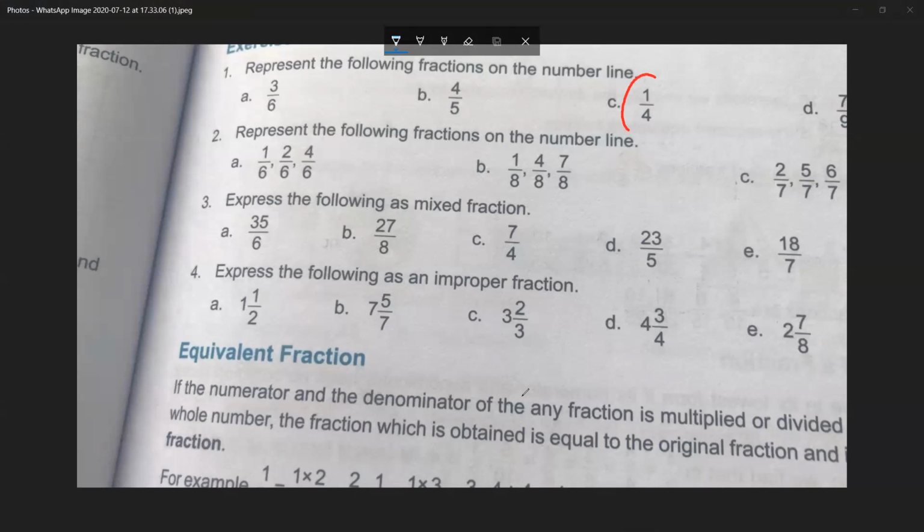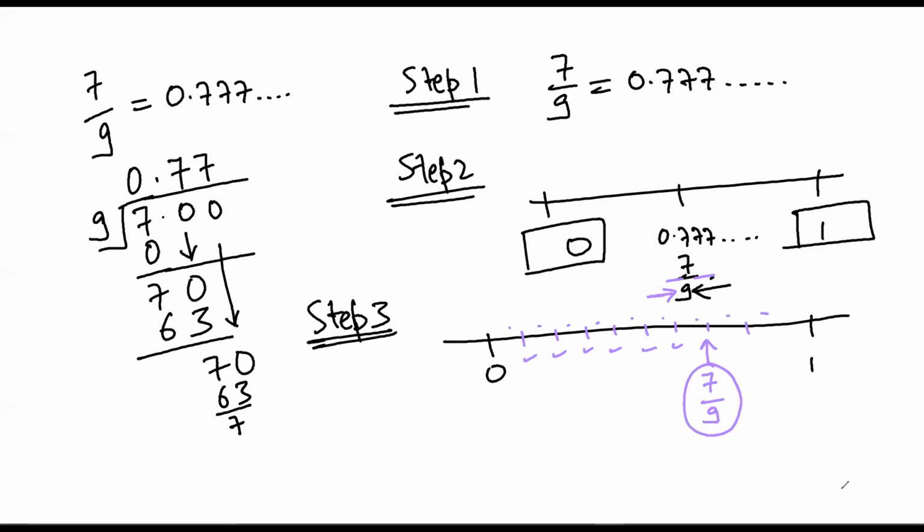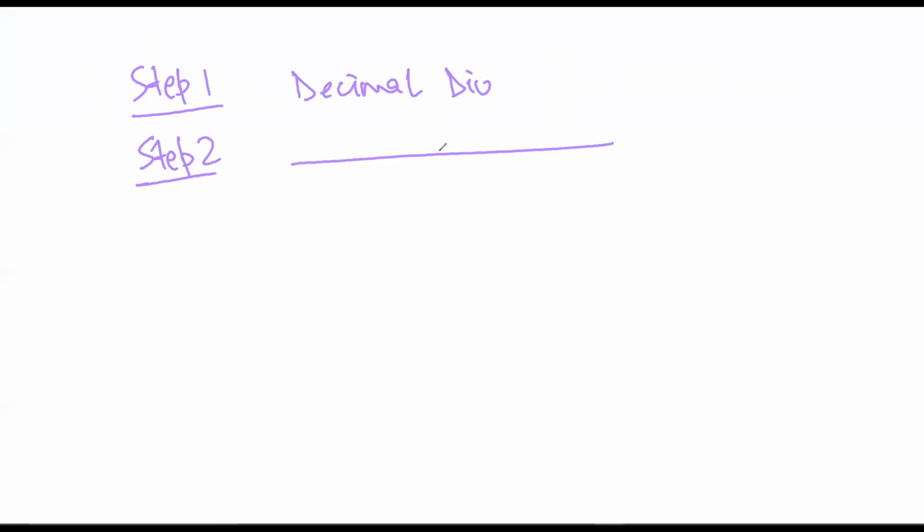Step number 1, decimal division. Step 2, find two integers between which the decimal lies.